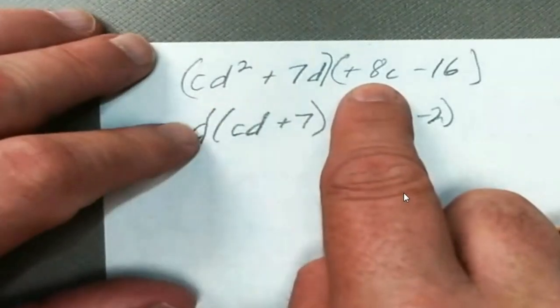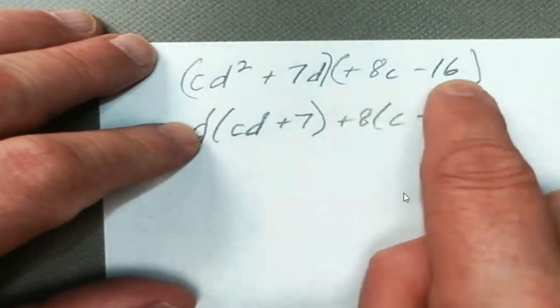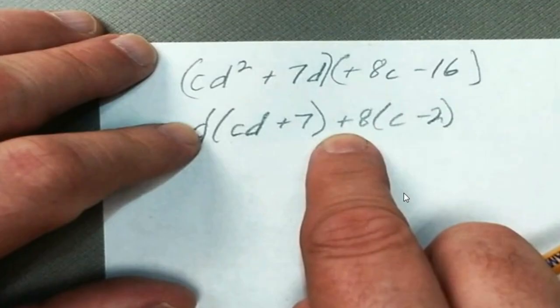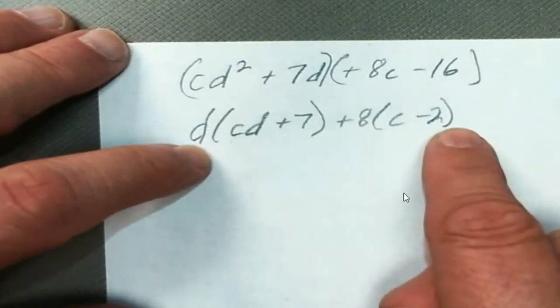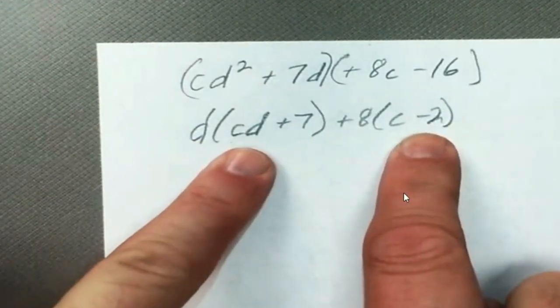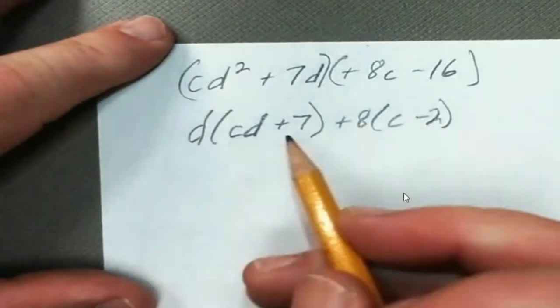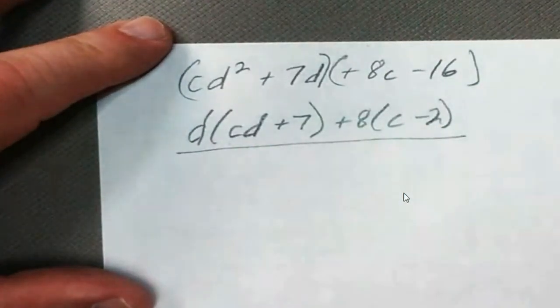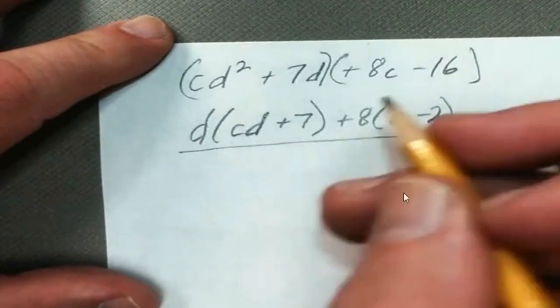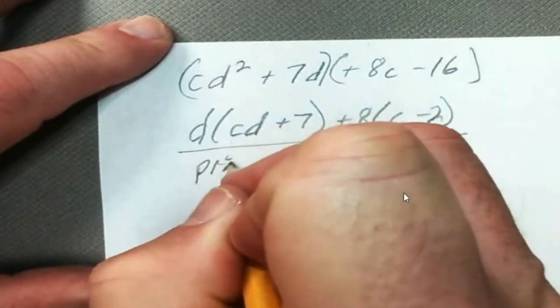This one, 8c minus 16, we can pull out an 8, which leaves c minus 2. Look, these are not the same. We cannot factor. This is done. This is all we can do, which means this is a prime polynomial.